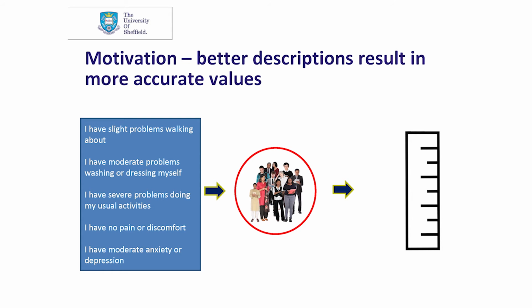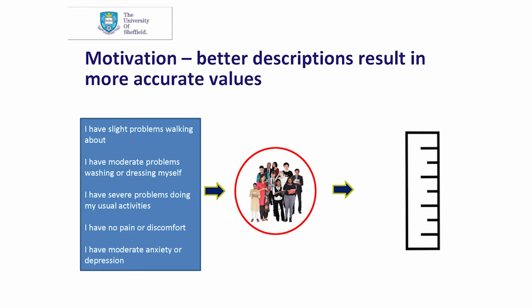The other aspect of motivation, which is important, is that the better the description, the more accurately it reflects the way somebody's health condition or their social care needs impact on their lives, the more accurate the values we'll get for calculating our QALYs. So, for example, in this case, we've got an EQ-HWB health state.